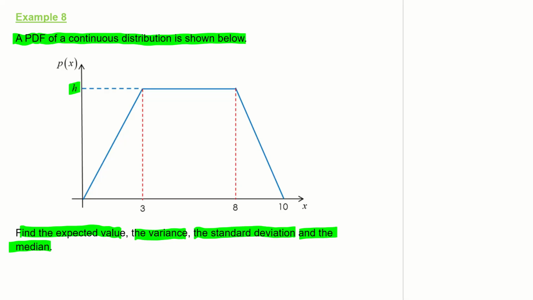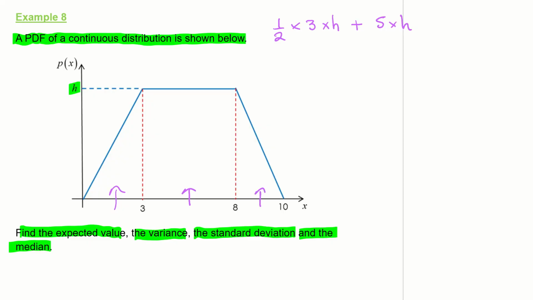So let's go step by step. Let's do the triangle here, and that would be a half times the base times the height. Then we've got the rectangle here, which is just going to be 5 times h.